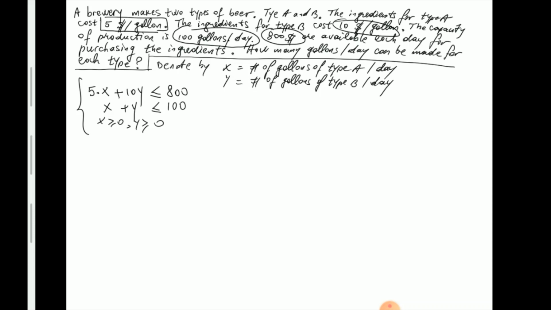This is not given in the problem, but this is basically a natural constraint. I mean, it's implicit already because we can't have a negative number of gallons. And the other ones are just regular constraints in the problem. So we have what we call a system of inequalities.